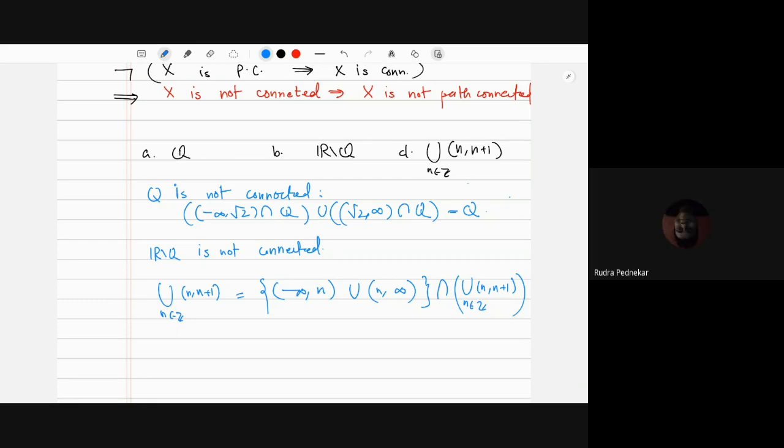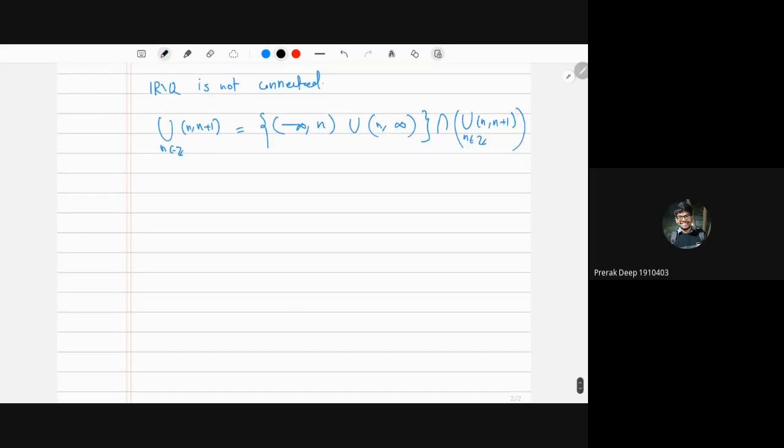Yes, sir. Good. Now option C. Option C is the closed interval 0 to 1. Now we need to say that it is path connected, and you just need to come up with a path, which can be anything.